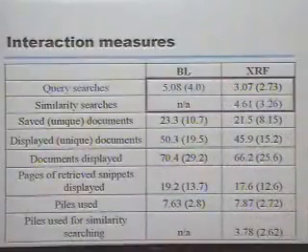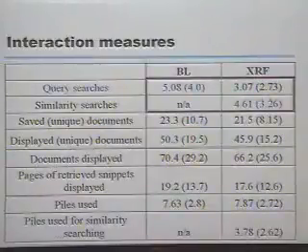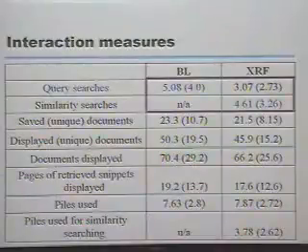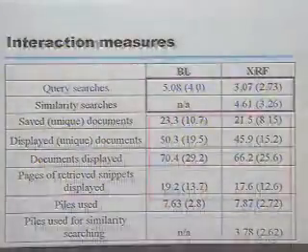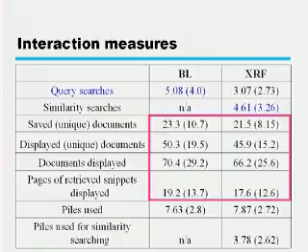So there was more search activity enabled by and possible using the XRF system. These are mean values, with standard deviations in brackets. The standard deviations are fairly huge here, you'll notice.